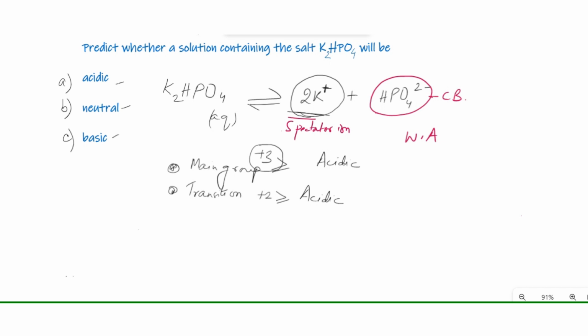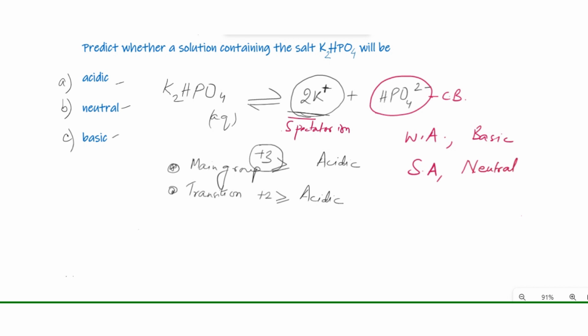So a conjugate base is definitely coming from an acid. So if it is coming from a weak acid, then the anion which is formed is going to be basic. However, if it is coming from a strong acid, the anion which is formed will be neutral.